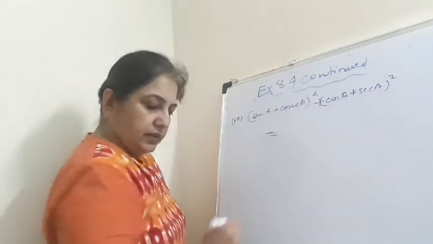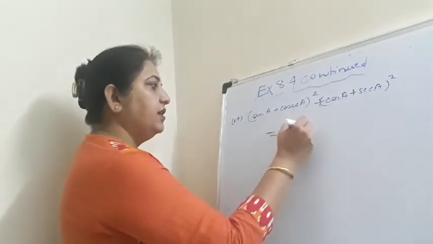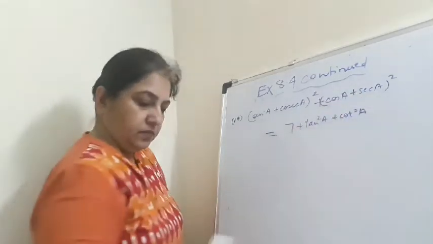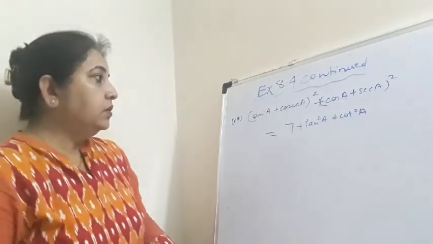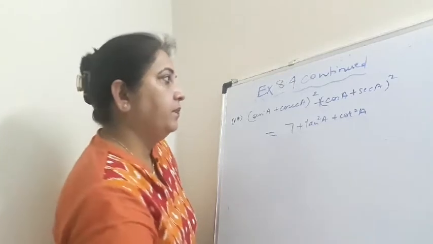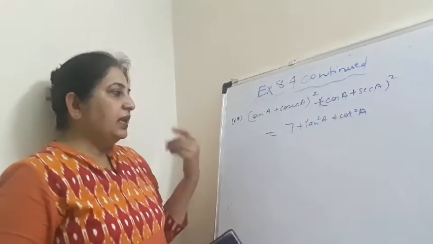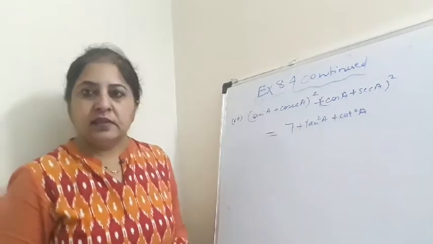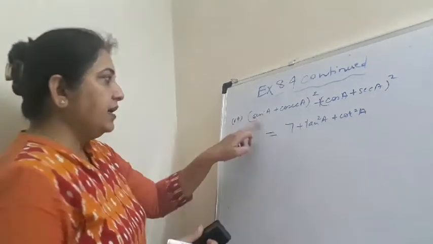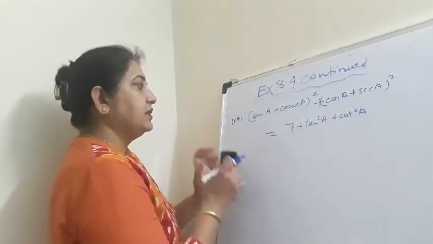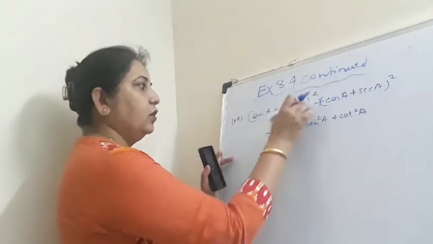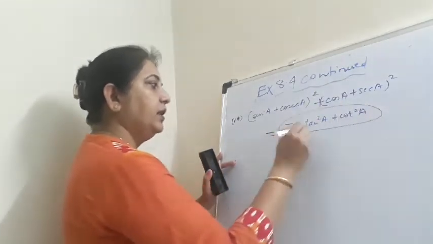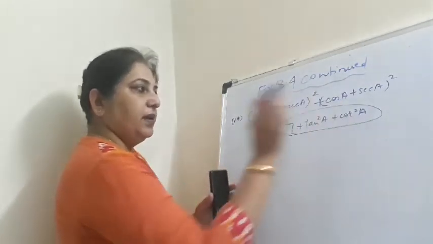We have to prove this to be equal to 7 plus tan square A plus cot square A. Okay, now how do we start? We can start with the left side, and in between if I need I can also solve the right hand side part, right? So I'll write the question once again: sin A plus cosec A the whole square plus cos A plus sec A the whole square will be equal to 7 plus tan square A plus cot square A.